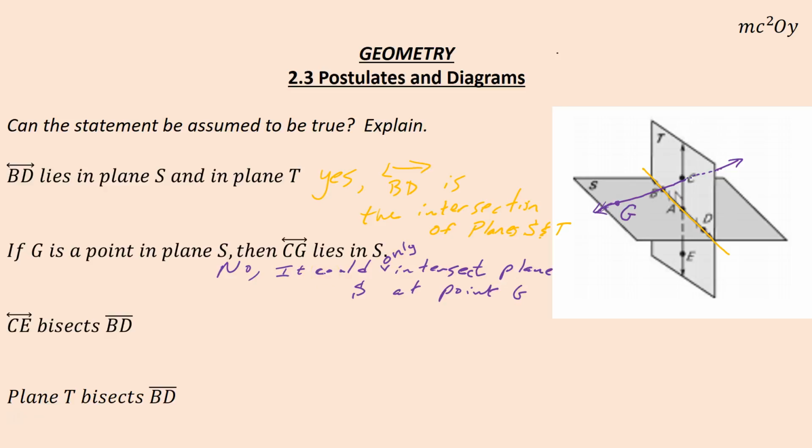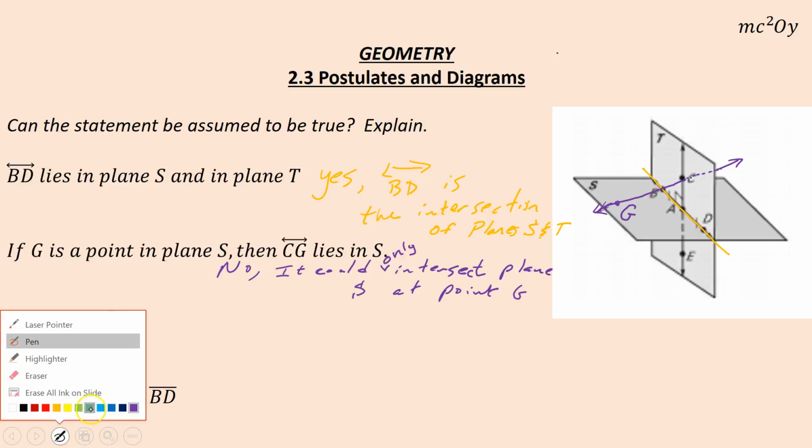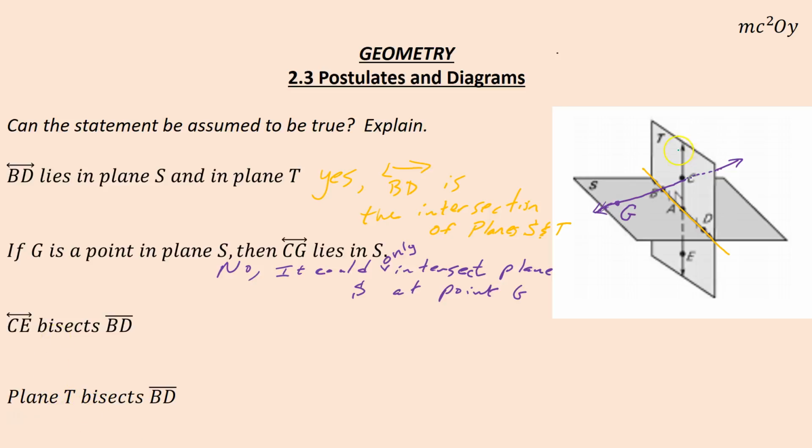All right. How about CE bisects BD? Well, let's try that one here. CE bisects segment BD. Well, you'll notice that we have markings right here, this marking and this marking. And the points that those two markings are between are C and A and B and A. So if we think about that, that means BA is congruent to DA.